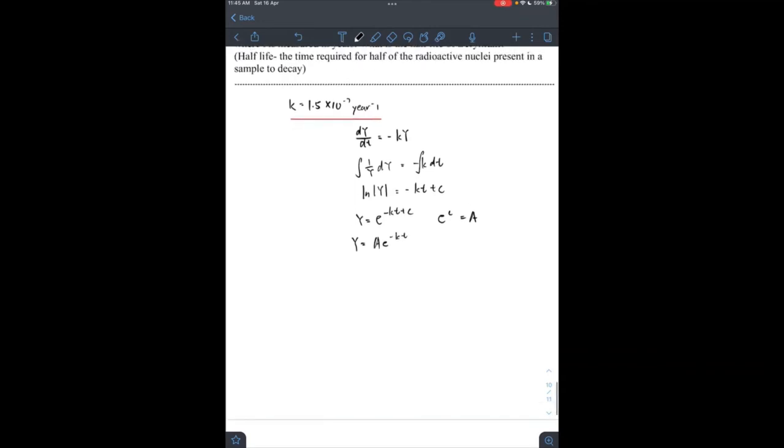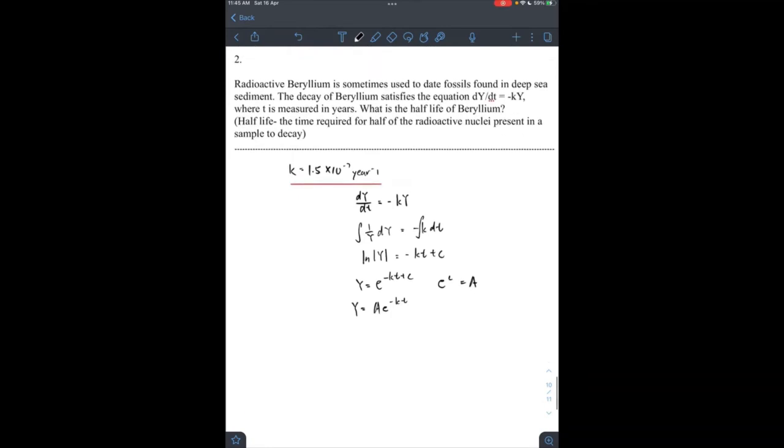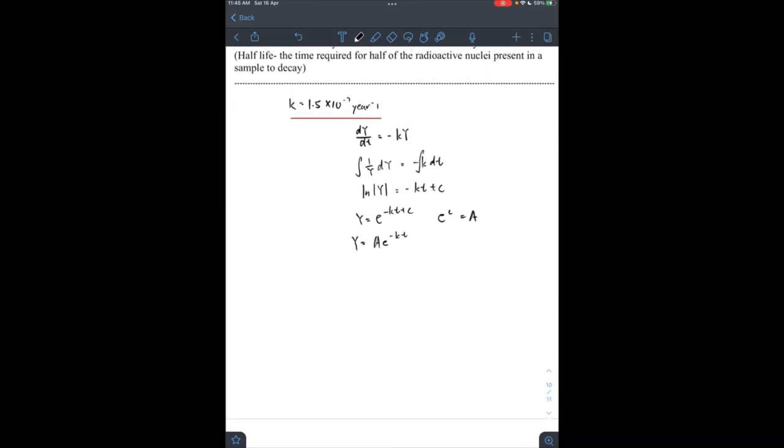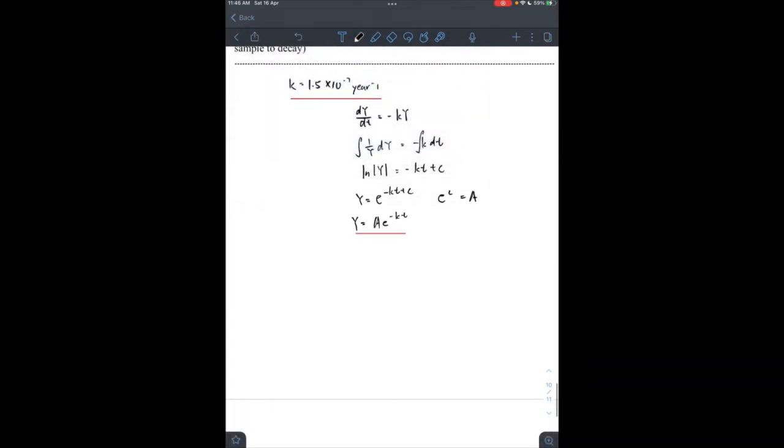From the question, we are asked to find the half-life. So first we need to complete this equation, as we haven't got all of the information. When t equals 0, which is the initial time, y equals y naught. Y naught means the initial value.